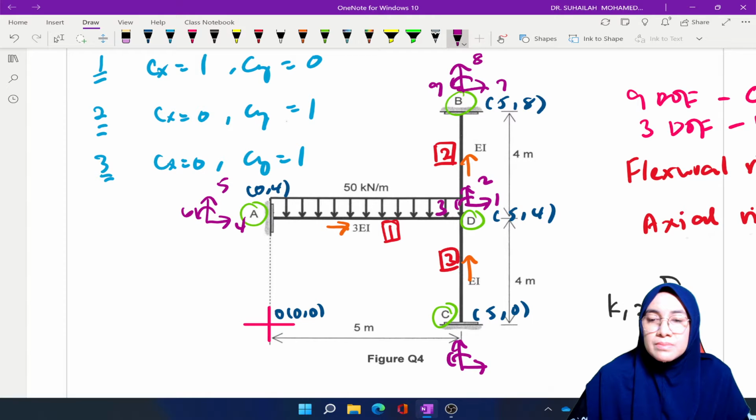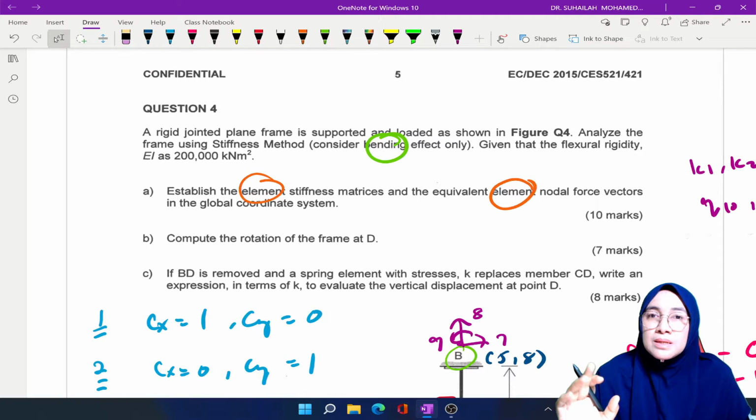Okay, based on the question, we don't need to establish the structure stiffness matrix, the capital K, because there's no statement asking you to establish it.